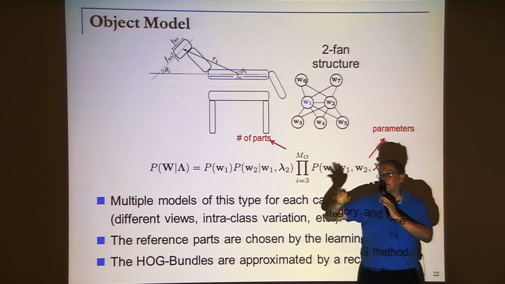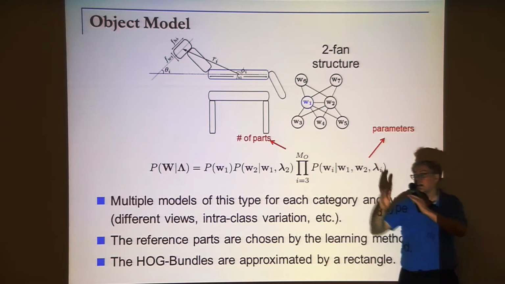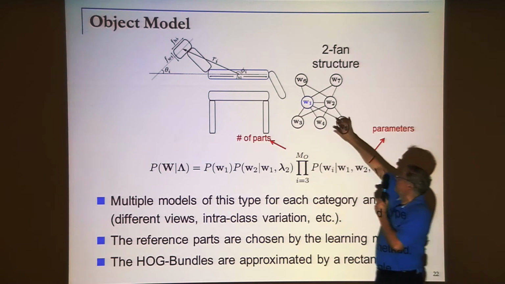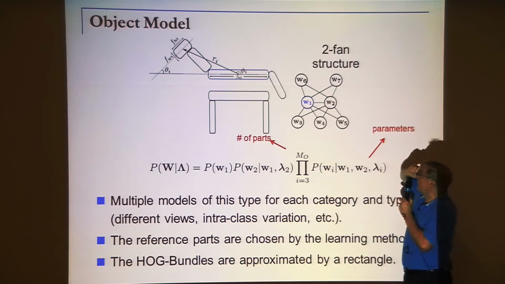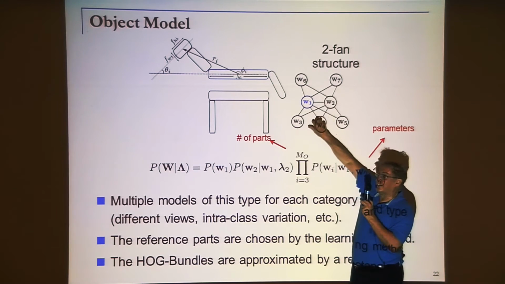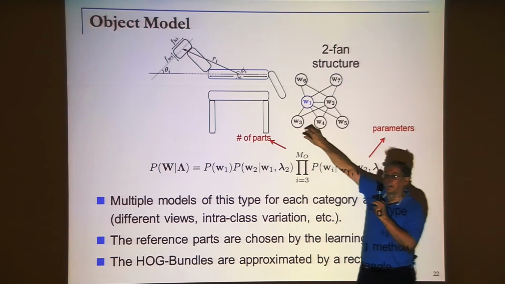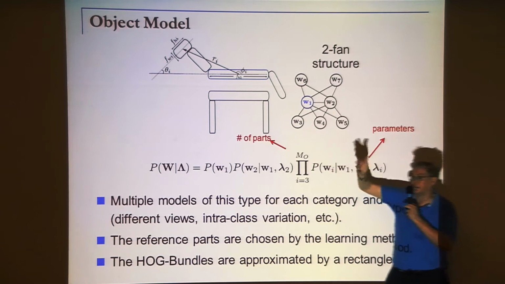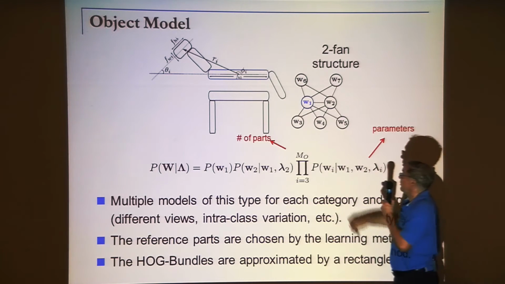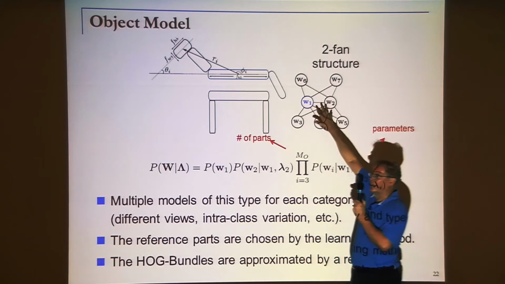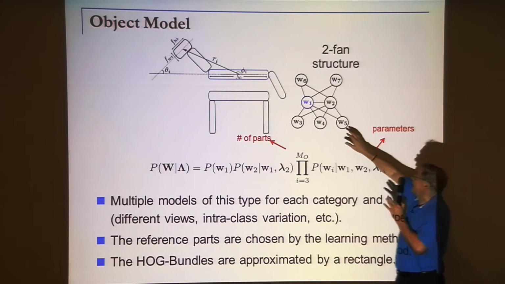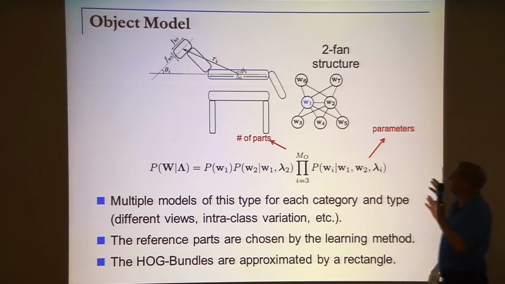So remember, we're throwing everything out from the HOG-Bundles except their width and their breadth. It's built like this. It's sort of like a type of star model, except a binary star model. We've got 2 points here and then things coming out from that. That's because if we do it this way, we can deal with the scale invariance rather nicely in a very simplified way. So 2 points are really special because they set the basic size and orientation, and then these other things are added onto it.